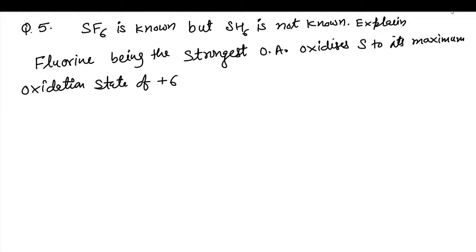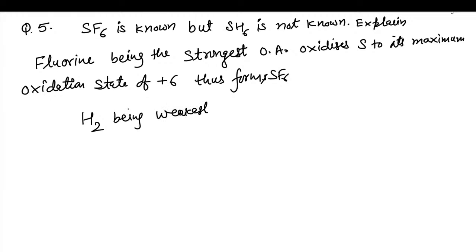Okay, that's why sulfur can thus form SF6. But if you talk about H2, H2 being the weakest oxidizing agent, rather it is a reducing agent, so it cannot oxidize sulfur, right?